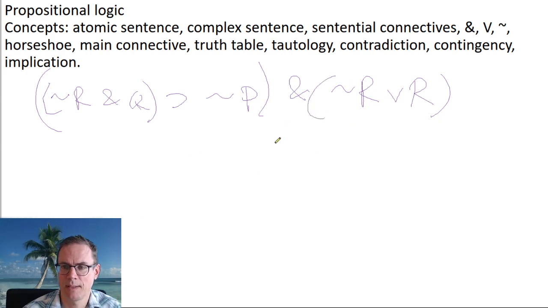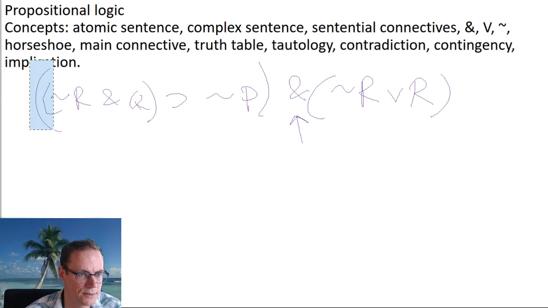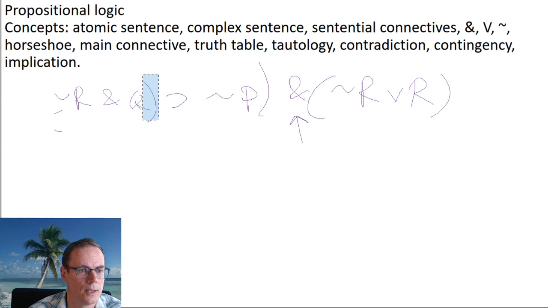Well, what is the main connective here? Well, it's maybe too easy, but it's the and. Look at the brackets. Now, of course, I could draw these brackets in some other way, and that would change what the main connective is.